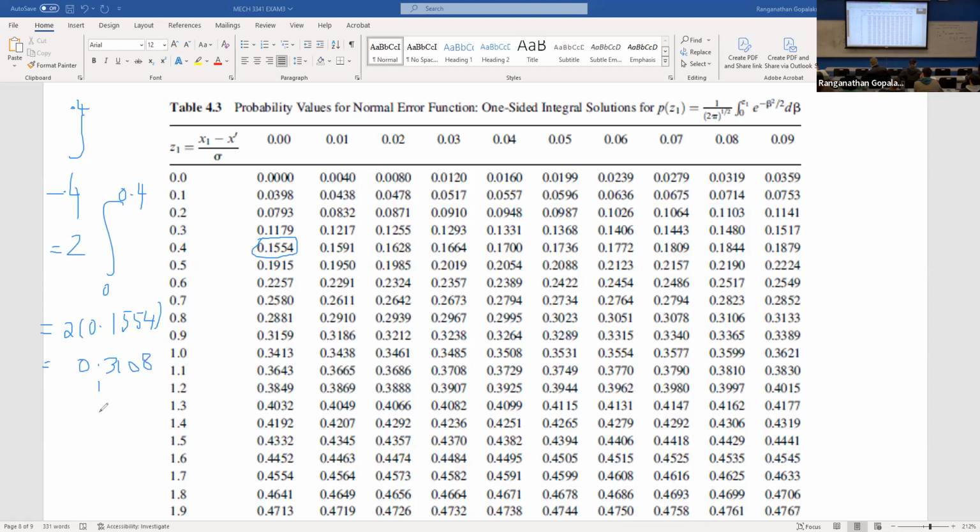And for 100 students, that converts to 31 C grades.